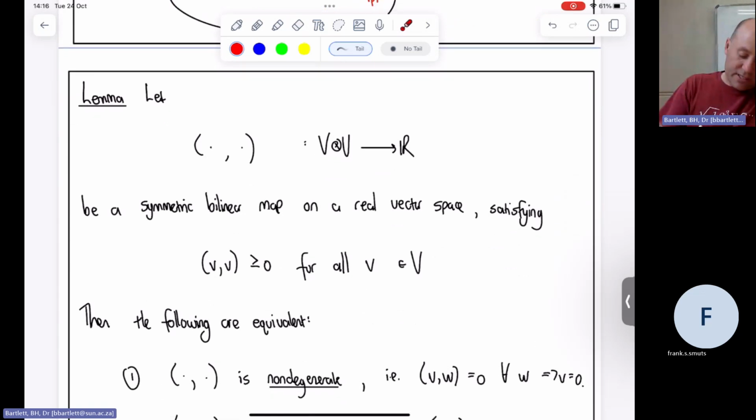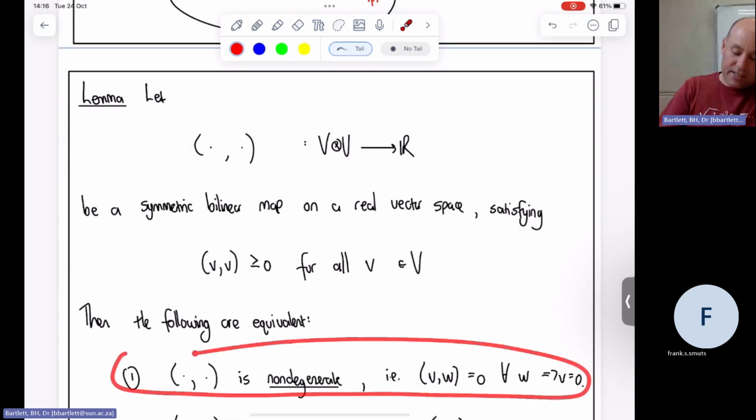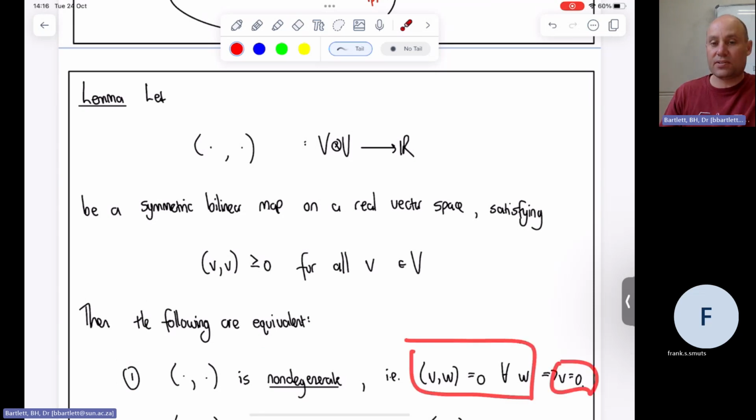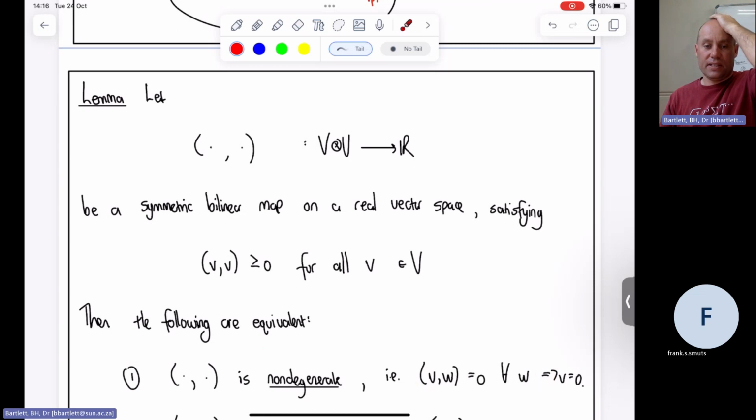Firstly, to say that it's non-degenerate, meaning that the bilinear map applied to V comma W equals 0 for all W if and only if V is equal to 0. That's what non-degeneracy means.